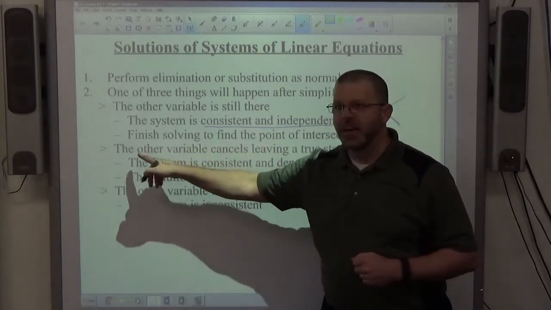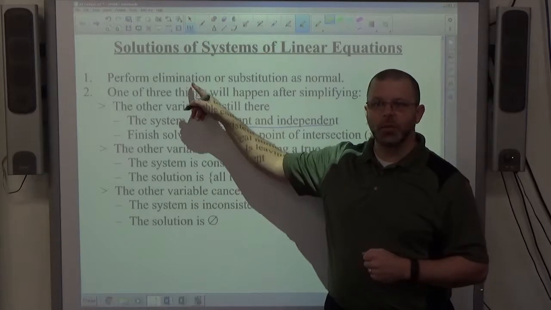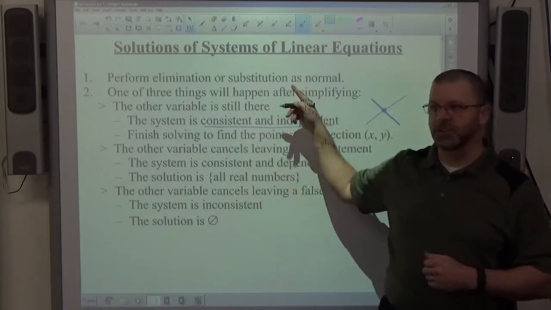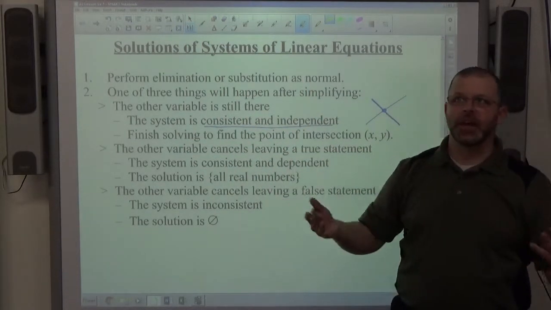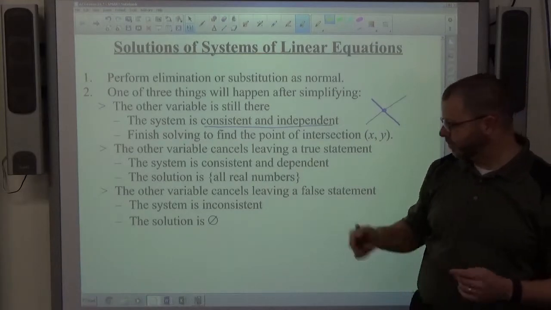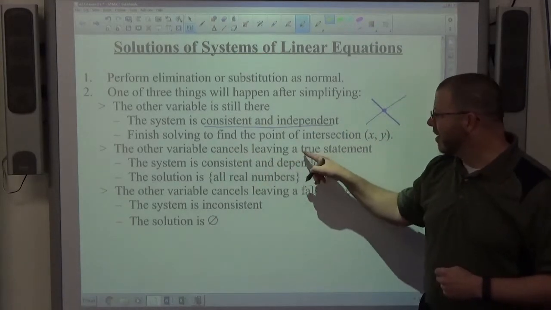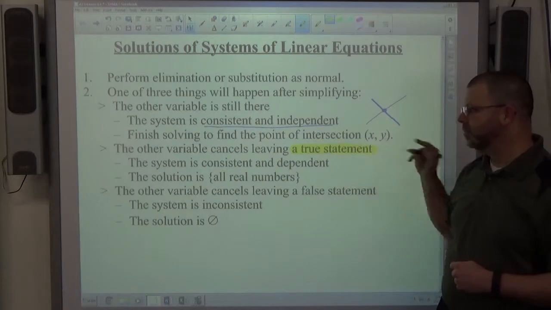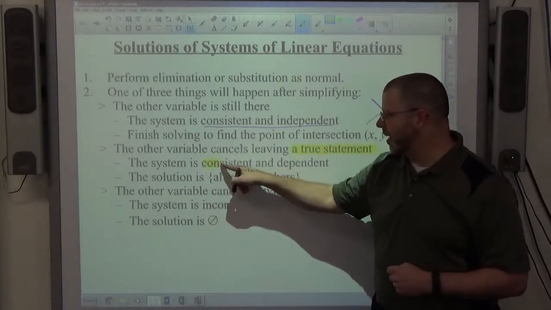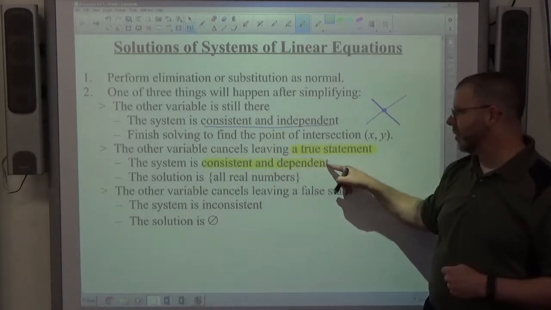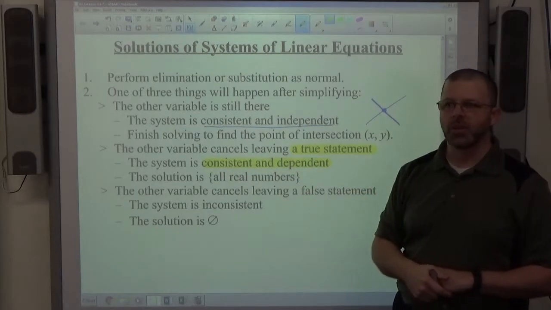If in the process of eliminating x, y goes away also, or in the process of substituting x for y, the other variable cancels, leaving a true statement, you have a consistent system again, but it's dependent, and the solution is all real numbers.